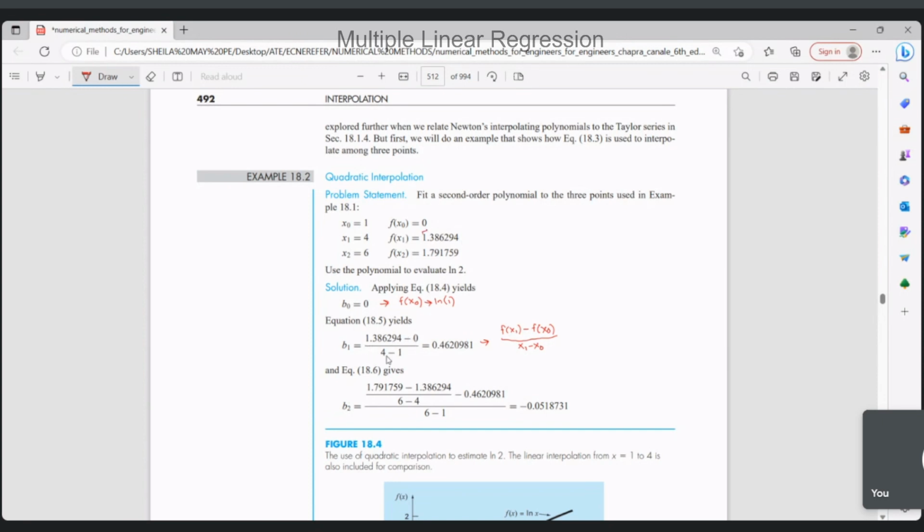Divided by x1, which is 4, and x sub 0, which is 1. And it would yield 0.462091.